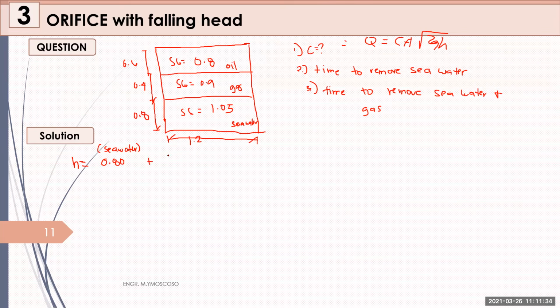Plus, yung height ng ating gas, which is 0.4, multiply by the specific gravity. Tapos, paano natin siya i-convert into seawater? I-divide lang natin yung specific gravity niya. This one is gas. So, in this case, kino-convert na natin yung gas into a seawater. Plus, i-convert natin yung oil. That would be 0.6 times 0.8 divided by 1.05. Ito yung para sa oil.